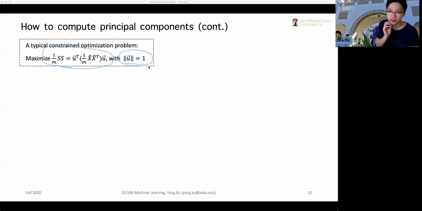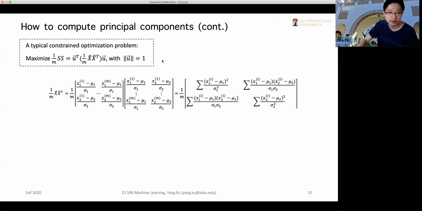Alpha is the Lagrangian multiplier we created. But for this one constraint, it's much easier. We can use the lambda as the Lagrangian multiplier, right?